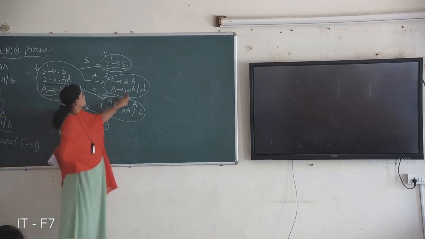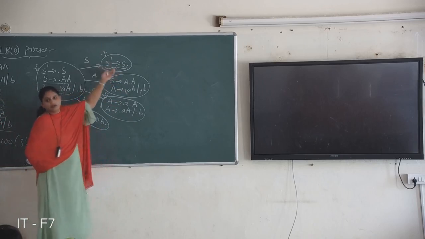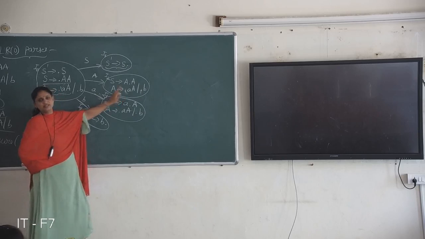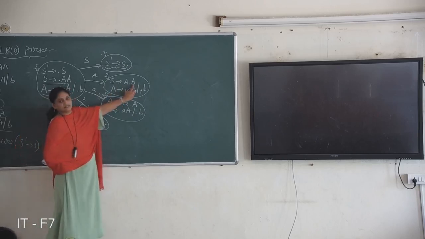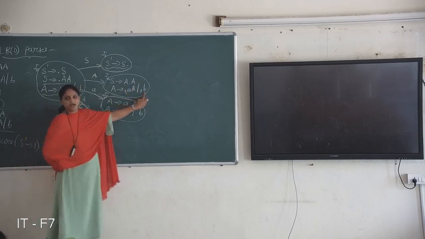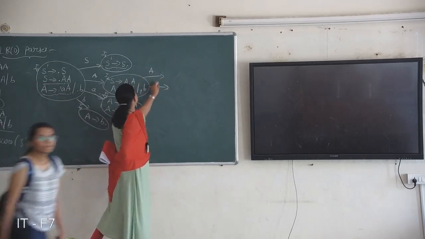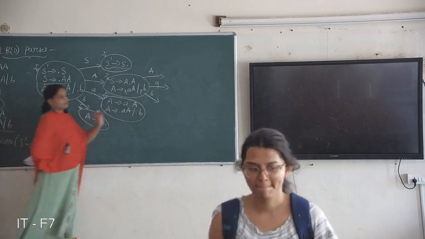Next, in sequence. For I1, there is no need to apply anything. Next apply on I2. Is it possible to do any transition on I2? After the dot, check it. It can be done on A, on small a, and again on small b. So three transitions are possible on this state.